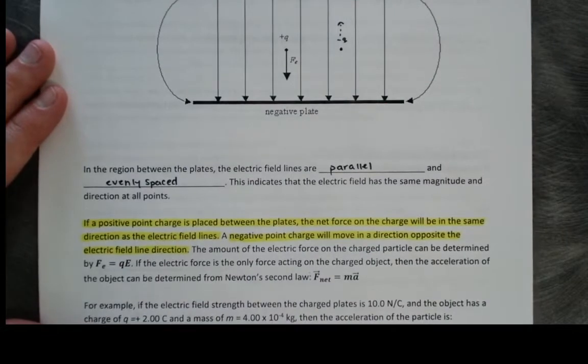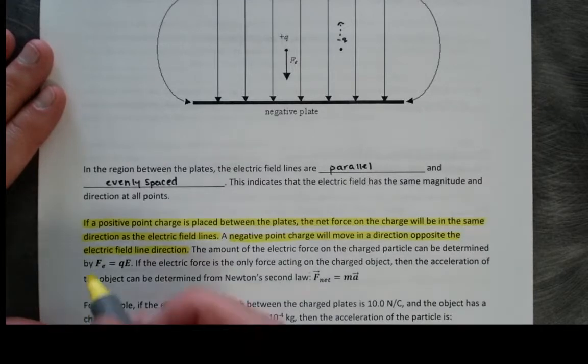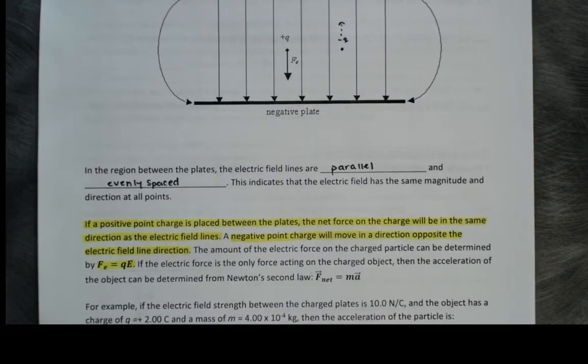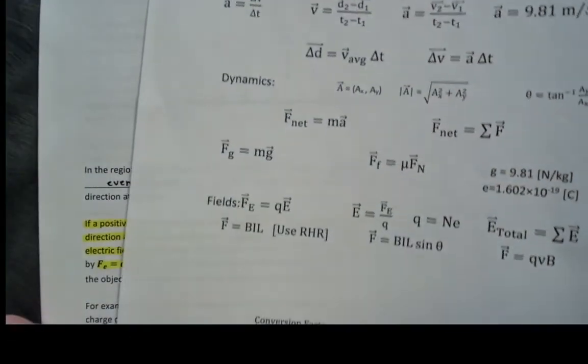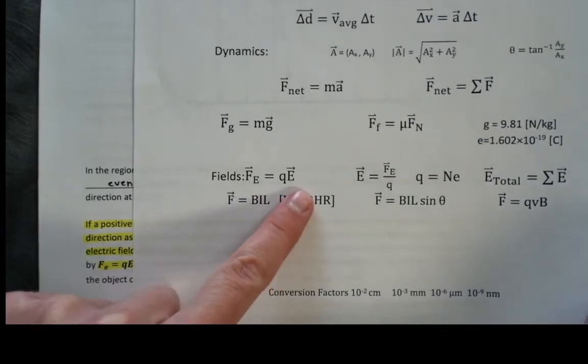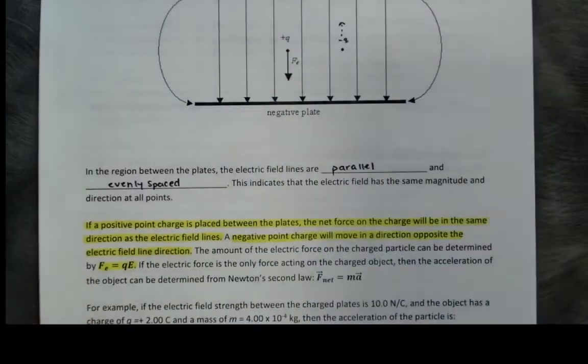Then we have to decide what's stronger, the electric field, or we sometimes have to consider gravity, but we'll get there. The force on the particle can be determined by our formula F equals Q times E. On your formula sheet, electric force is equal to charge times electric field strength.